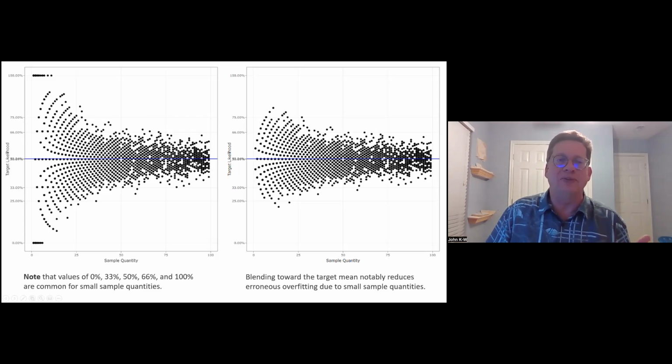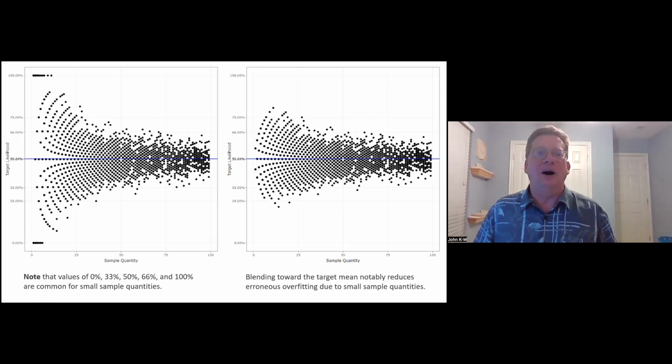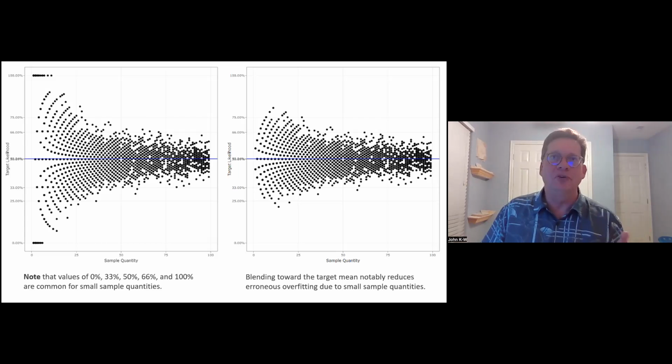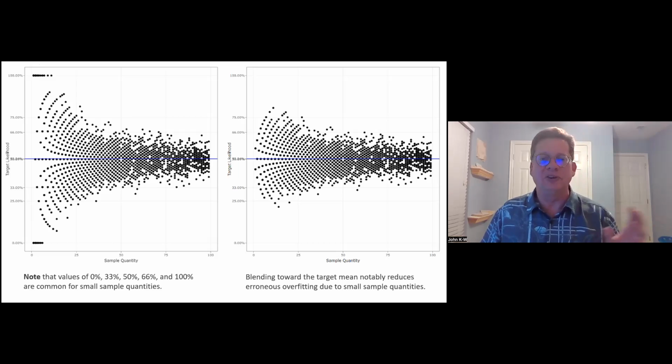So we're going to have a lot of samples of that. We might take a look at someone who got a test from New Zealand, and we had only one person get a COVID test from New Zealand. They would either have 0% or 100% of the people from New Zealand tested positive for COVID.